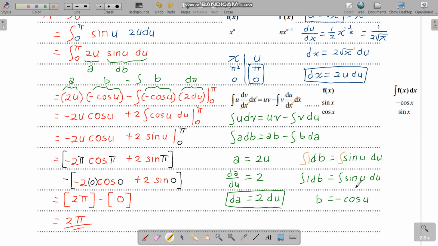We have b, and we have everything we need: the a, the dA and the b. According to this modified integration by parts formula, ab, the a is 2u, the b is minus cos u, and the dA is 2 du.